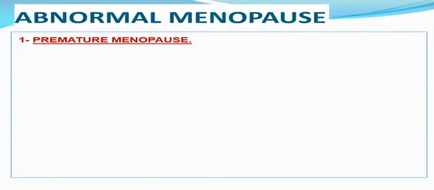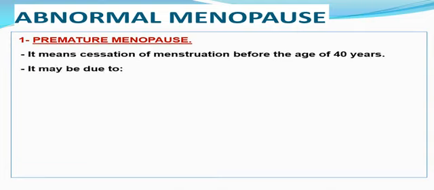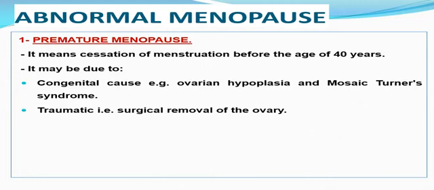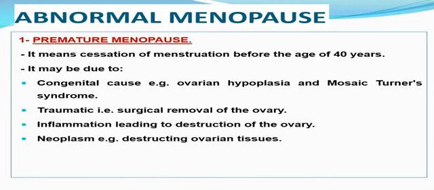The previously mentioned ones are normal changes occurring at menopause, and these normal changes could be tolerated with no treatment. Regarding abnormal menopause, there may be premature menopause, delayed menopause, and menopausal syndrome.